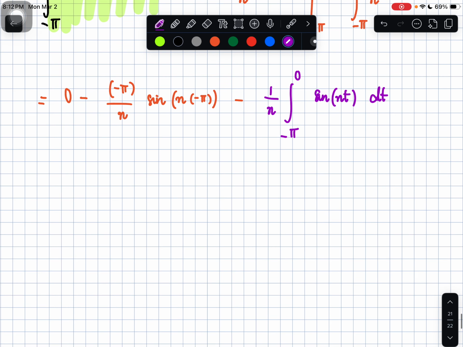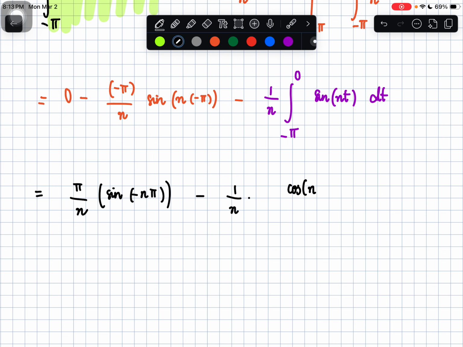The first term is pi divided by n times sine(minus n pi). I just let it be for now. The second term is 1 over n times cosine nt over n, remembering the minus, from minus pi to 0.